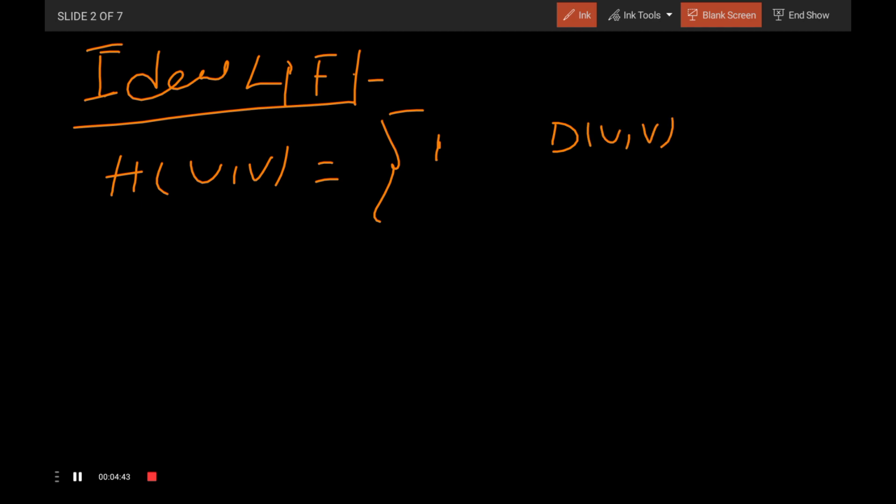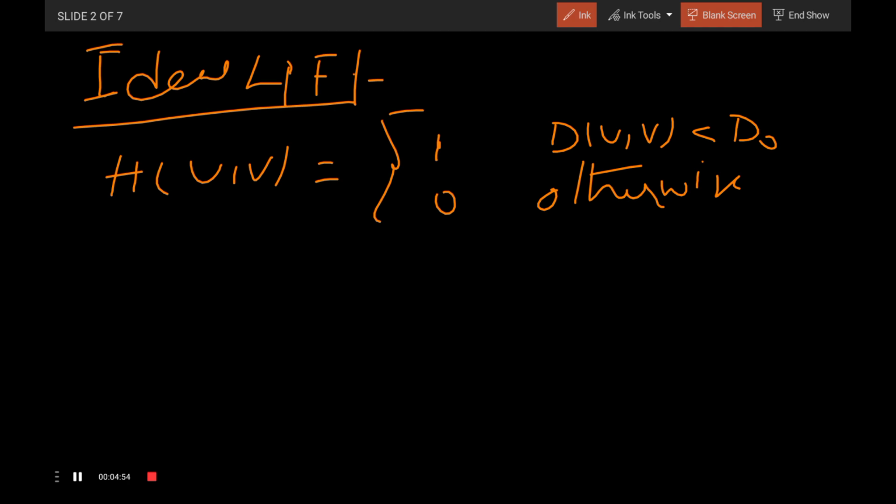The ideal low pass filter is a 2D filter, H of u comma v, where u comma v are frequency domain variables and H represents a transfer function. H of u comma v equals 1 for D of u comma v less than D naught, and 0 otherwise. This is the mathematical representation of the ideal low pass filter.